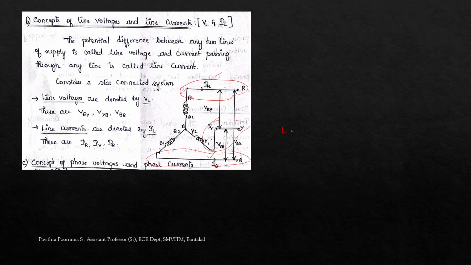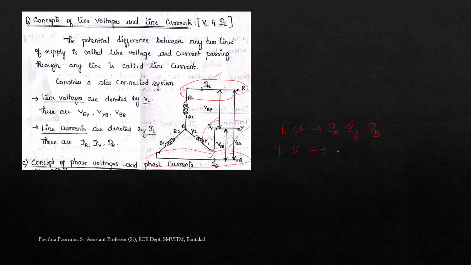So the line currents are IR, IY and IB. And what about line voltages? Line voltages are the voltages between lines.